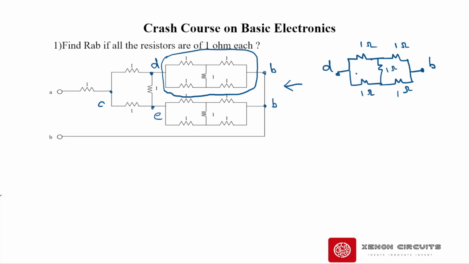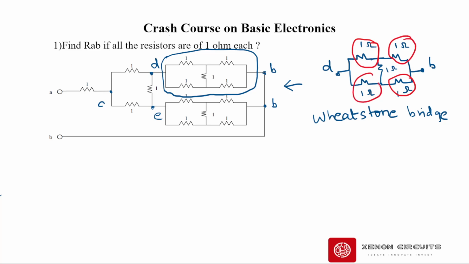If you remember the Wheatstone bridge concept, which states that the bridge is balanced if the ratio of this impedance and this impedance or resistance is same, right? So this is 1 and 1 and this is 1 and 1. So this is a balanced bridge. In a balanced bridge, the current through the middle arm would be 0. So the current through this resistor is 0, which means that becomes an open circuit, right?